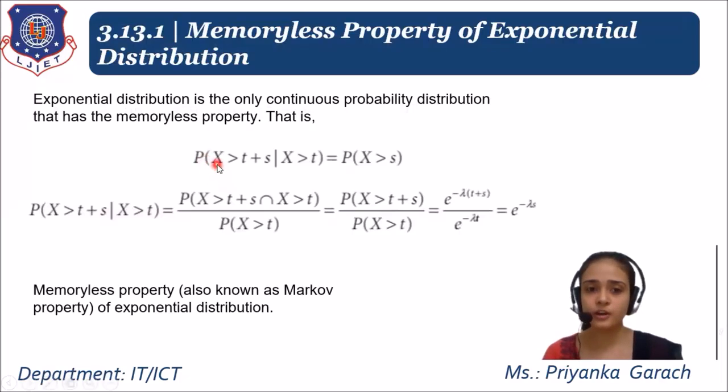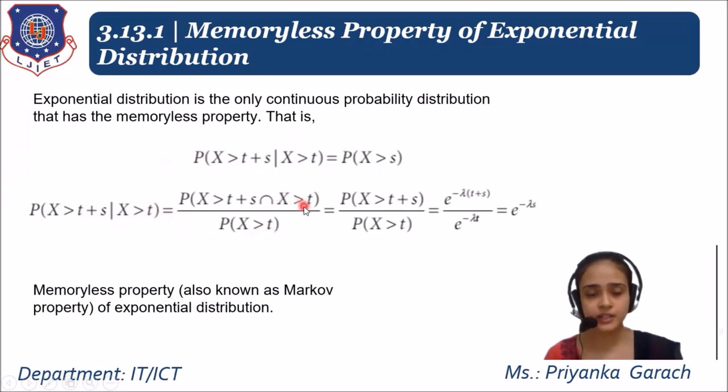So I want the probability of x greater than t plus s, where the event x greater than t has already occurred. For this I can make use of conditional probability: the intersection of the two in the numerator, divided by the probability of the already occurred event in the denominator.